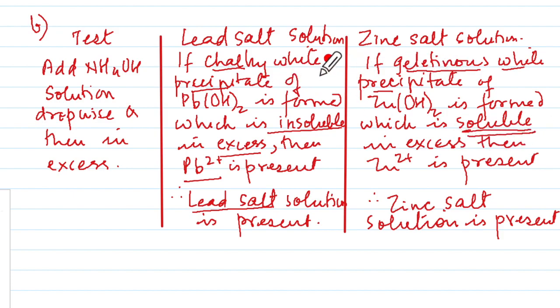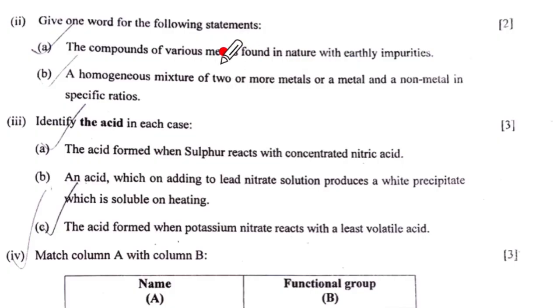So both places there is white precipitate, but here it is insoluble and here it is soluble. Then we say that Zn2+ is present, so zinc salt solution is present, and that should give us a 1 mark.